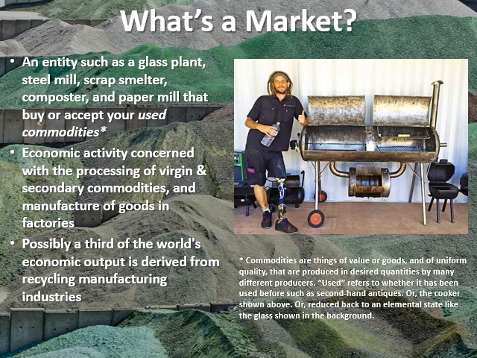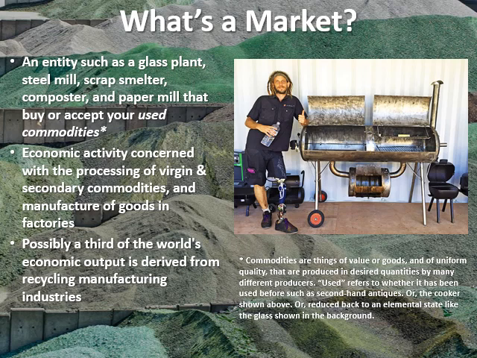Now, I'm using the term commodities, because that's what recycling is all about. Commodities are things of value or goods, and usually of uniform quality, that are produced in desired quantities by many different producers. Used, quote unquote, refers to whether it has been used before, such as a secondhand antique, or perhaps the cooker shown above, or reduced back to an elemental state like the glass shown in the background of this slide.